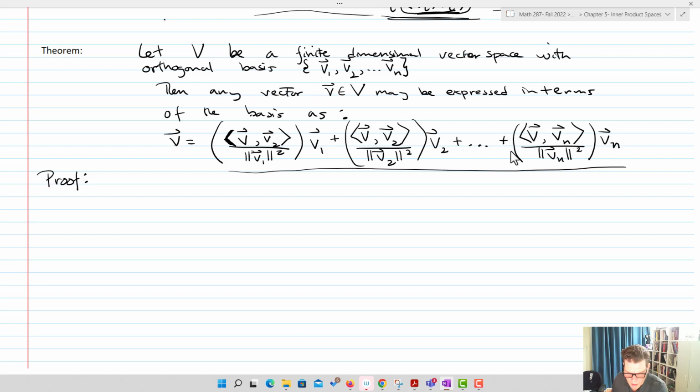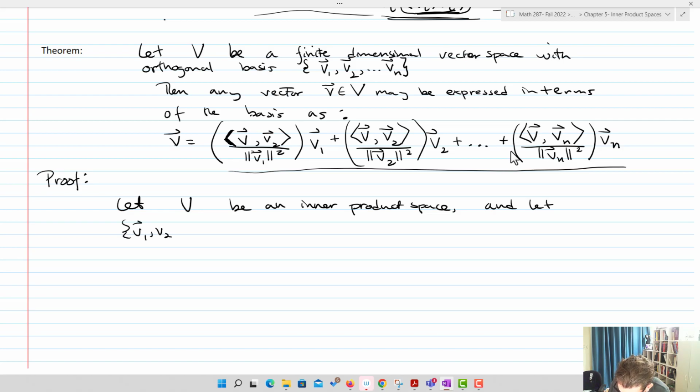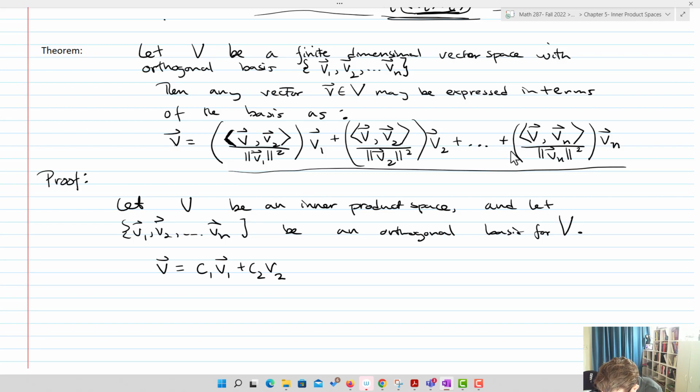We're going to let V be an inner product space, and we're going to let v1 through vn be an orthogonal basis for V. Since it's an orthogonal basis for V, big V, not little v, every vector v will be equal to c1 v1 plus c2 v2 plus dot, dot, dot, plus cn vn.